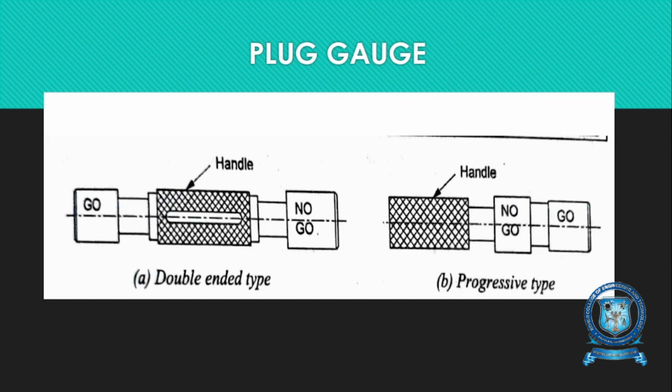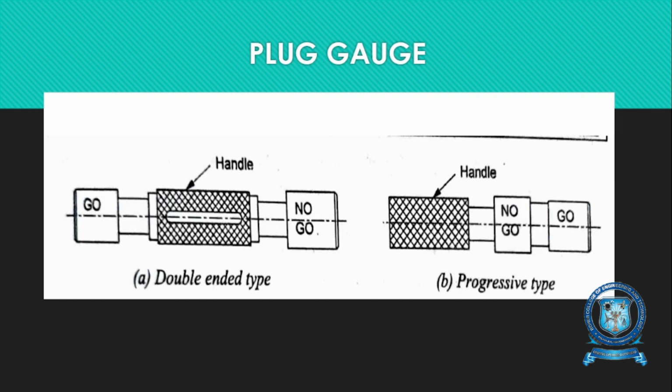Plug gauges are normally used for checking holes of many different shapes and sizes, such as straight cylindrical holes, tapered, threaded, square and splined holes. The ends are hardened and accurately finished by grinding. One end is the go end and the other end is the no go end.